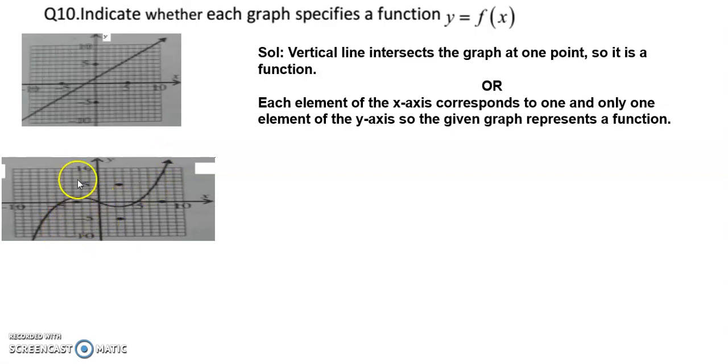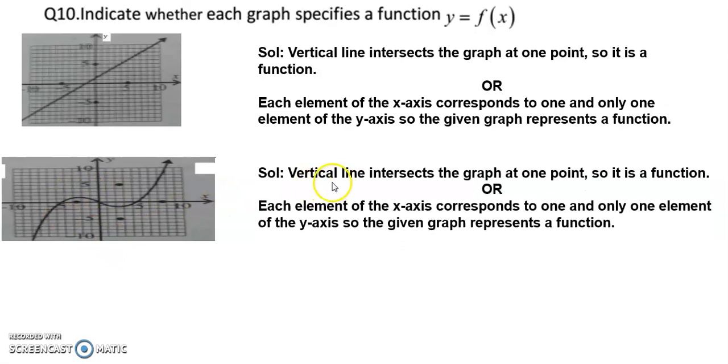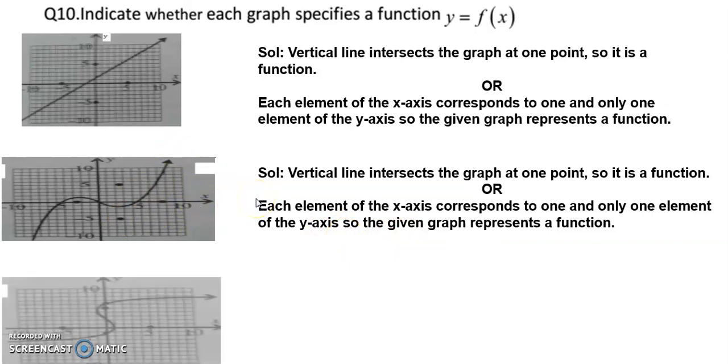For example, if you draw a vertical line here, it will intersect the graph at only this one single point. So this graph represents a function. Its solution is, the vertical line intersects the graph at one point, so it is a function, or we can say each element of the x-axis corresponds to one and only one element of the y-axis. So this graph represents a function.